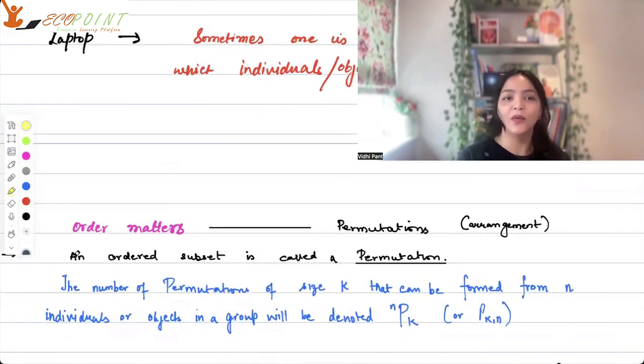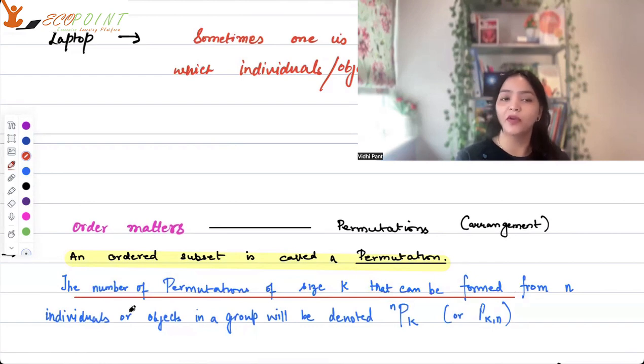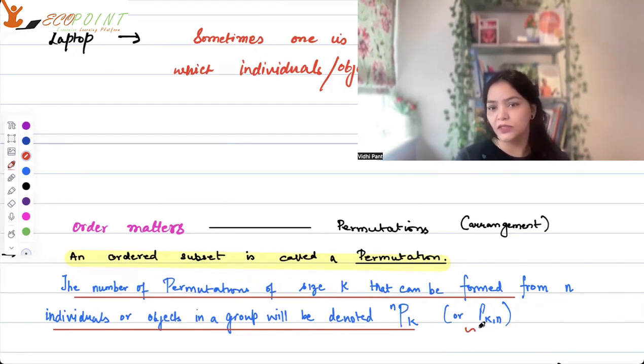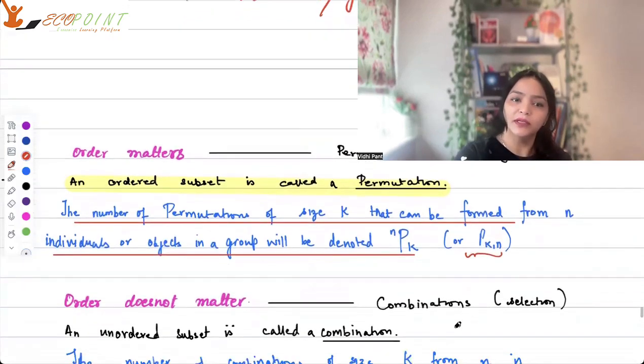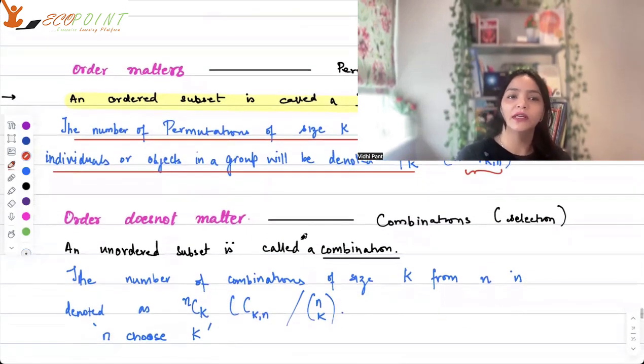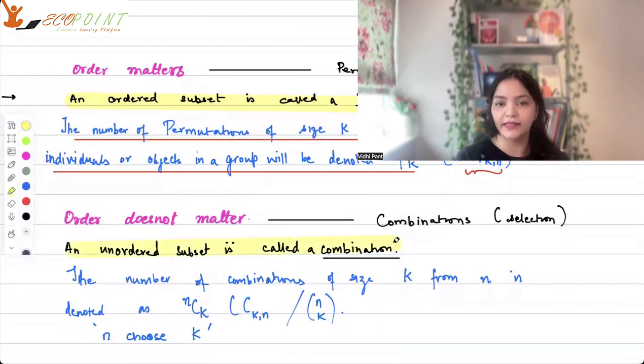Normally speaking, an ordered subset in this scenario is called a permutation. The number of permutations of size k that can be formed from n individuals or objects in a group can be denoted as nPk, or in a lot of books it is also denoted like this, P(n,k). Similarly, for combination, an unordered subset in this scenario is called a combination.